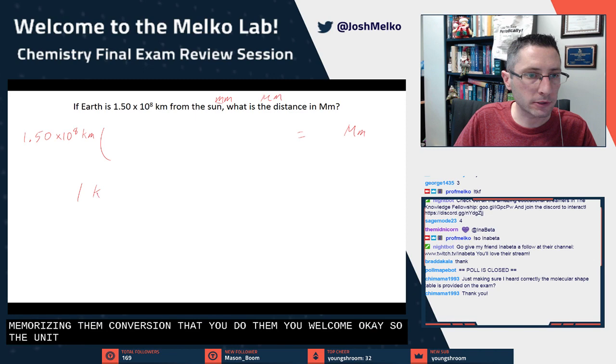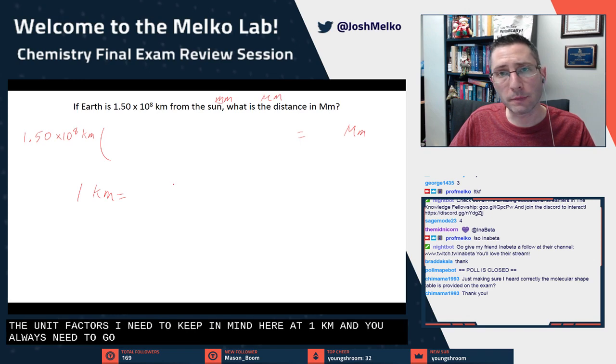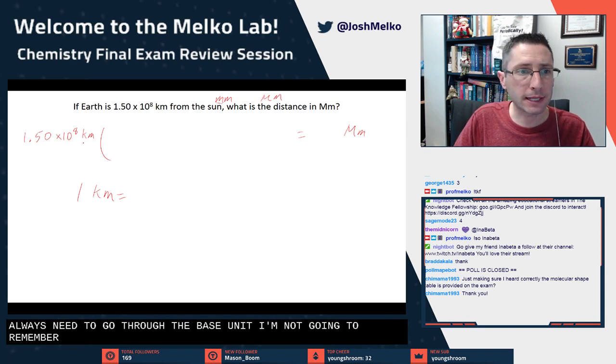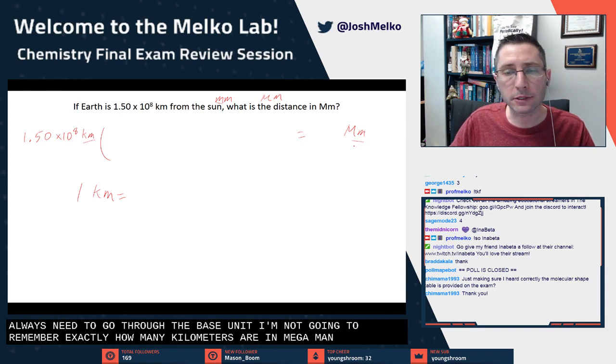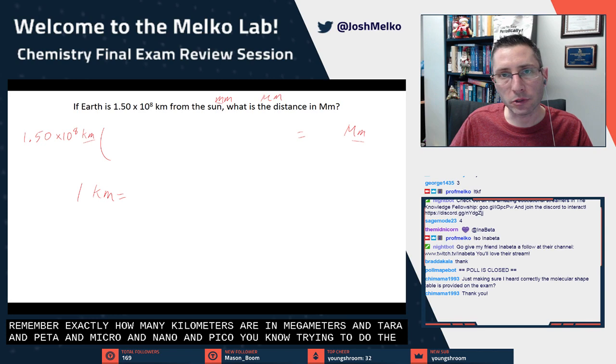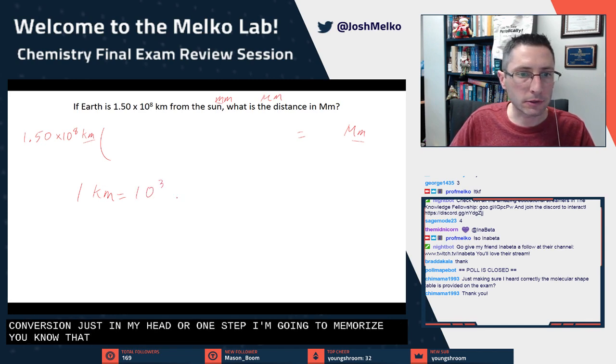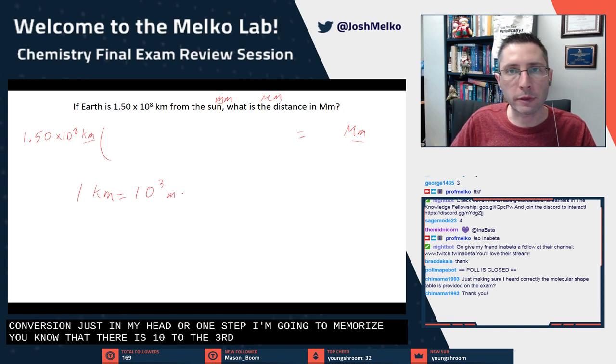Okay, so the unit factors I need to keep in mind here. 1 kilometer. I always need to go through the base unit. I'm not going to remember exactly how many kilometers are in megameters, and tera, and peta, and micro, and nano, and pico, trying to do the conversions just in my head in one step. I'm going to memorize that there's 10 to the third, or 1,000, meters in 1 kilometer, and in 1 megameter, 10 to the 6.